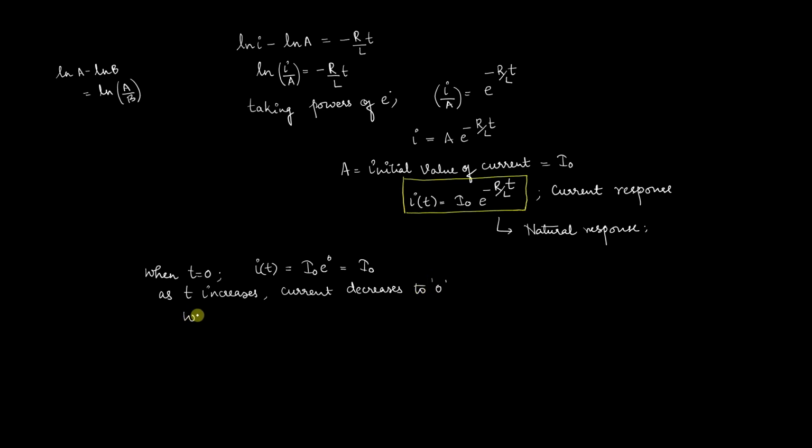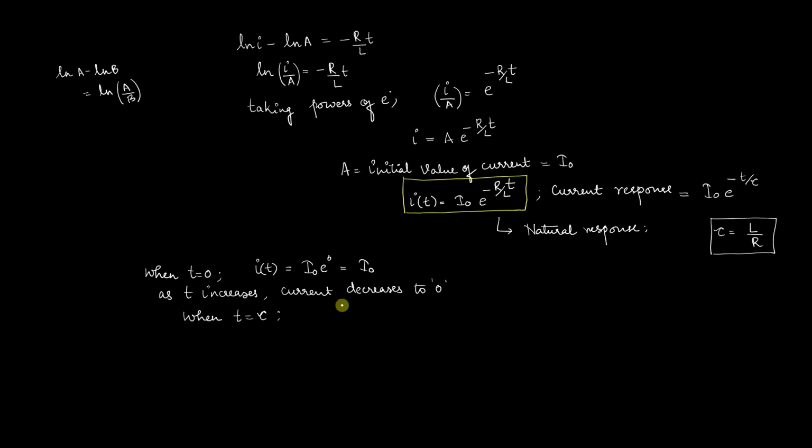t is equal to tau, which corresponds to the time constant, since this particular expression can also be written as I naught e power minus t by tau, right? And this time constant is given in this case to be equal to L by R for an RL circuit. So let me substitute t is equal to tau in this particular equation for I of t.